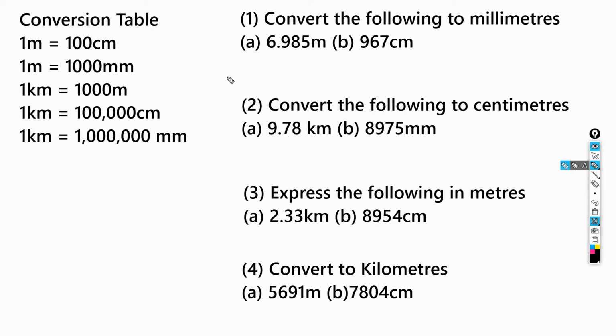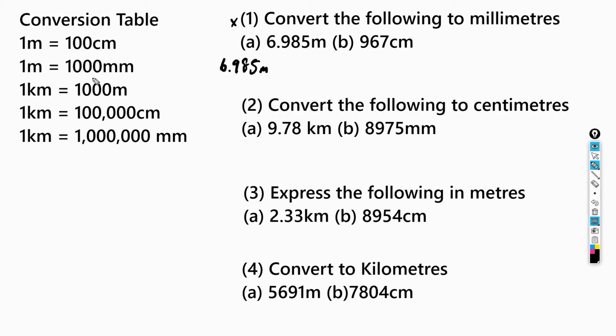Awesome. So let's look at some examples here. We have the conversion table here, so we really can't get mixed up in these examples. The first one says, convert the following to millimeters. This one is in meters: 6.985 meters.